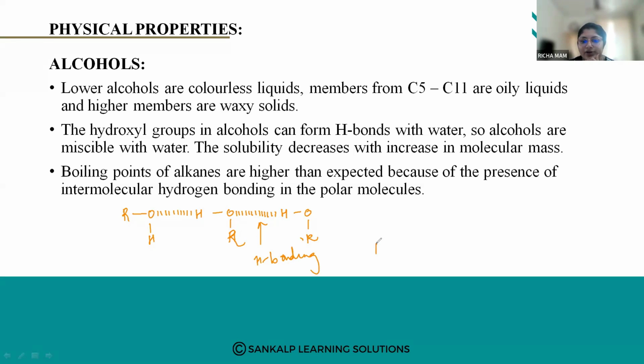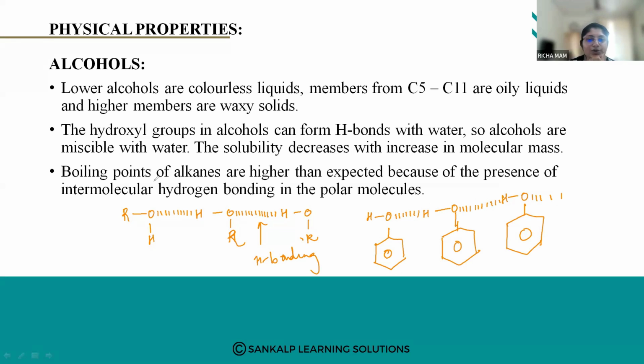Now, if you compare the phenols, how does the hydrogen bonding take place? Just see, O, then here is H, then again one molecule of phenol, then it will be O, then your H. Like this is the hydrogen bonding between them.